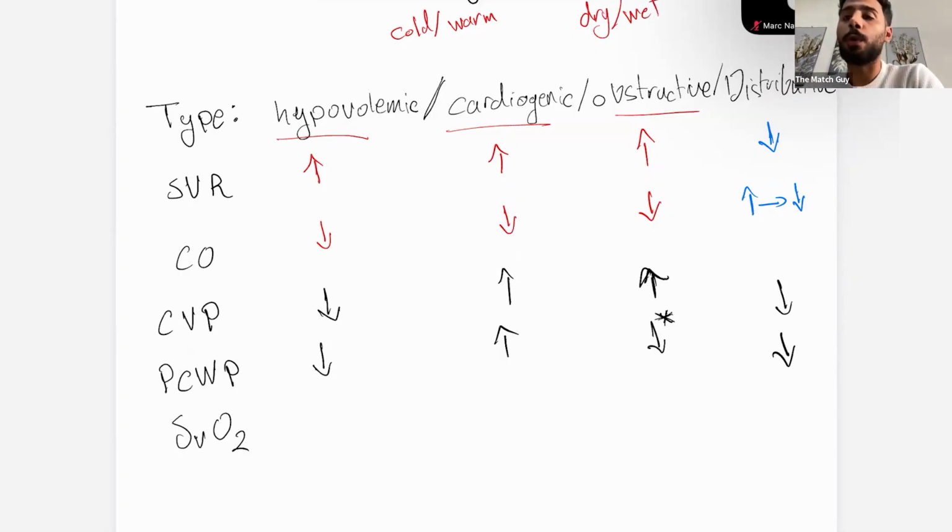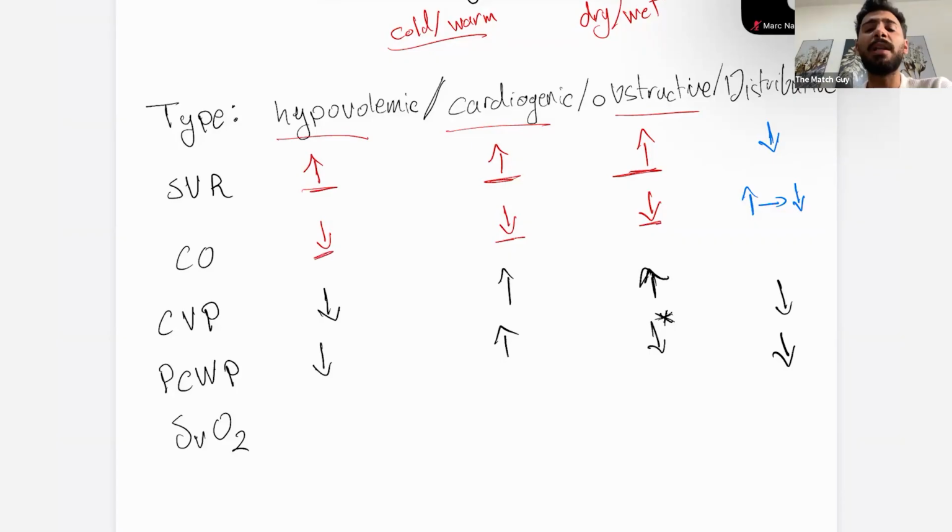So cold or warm, just from how everyone understands it, is from the temperature. You're going to be sensing the patient's temperature, like you just touch their limbs and the limbs are going to be either cold or warm. And this is related to systemic vascular resistance and cardiac output.